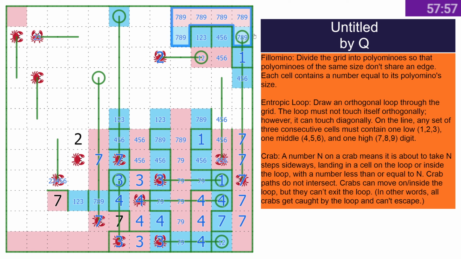I think that's quite likely to be part of the same Fillomino. Shall see. Just checking all my crab movements, but I'm pretty convinced that's all okay. That can't be loop because this 1, 2, 3 pair just keeps on coming on up, doesn't it? 4, 5, and 6 there, closing that off.